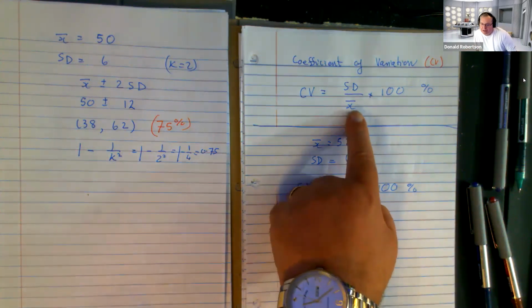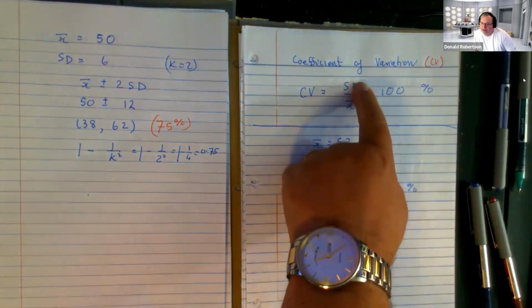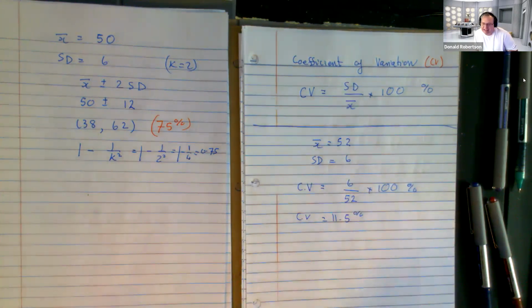Because you use the mean of the data in this calculation, it takes into account how big the numbers are as well as how varied they are. So it does a little bit of both.